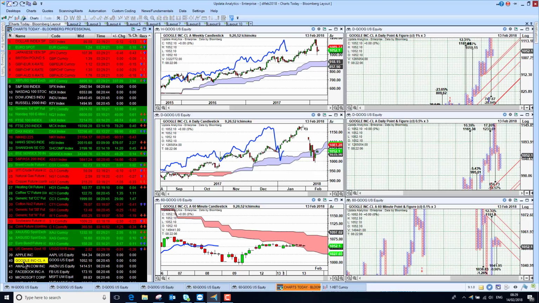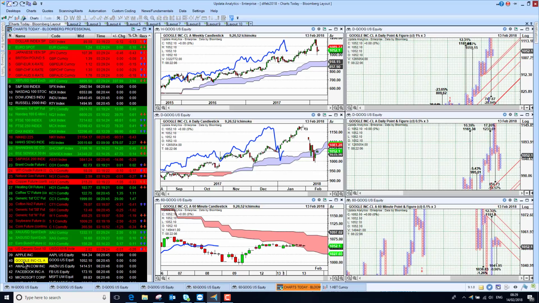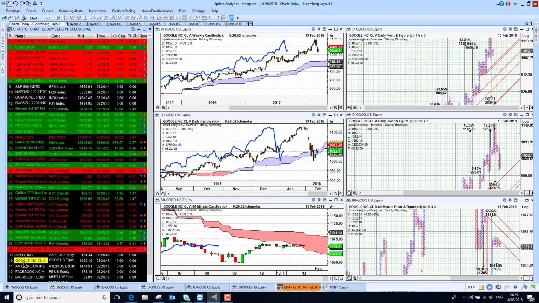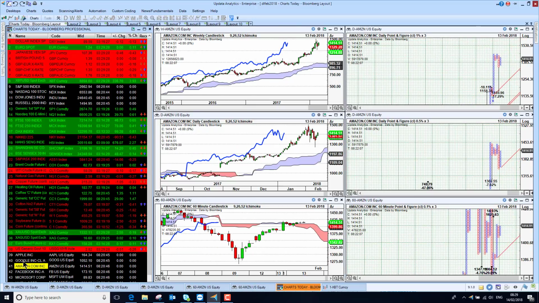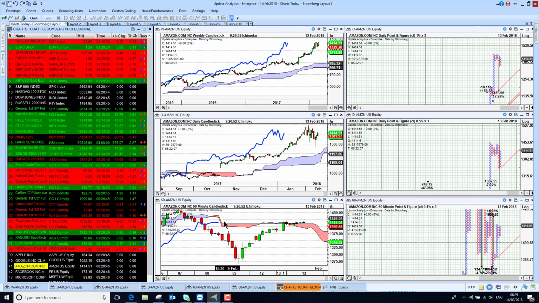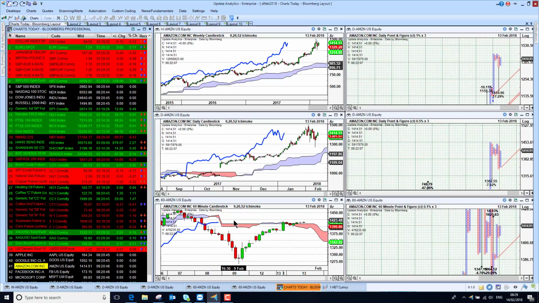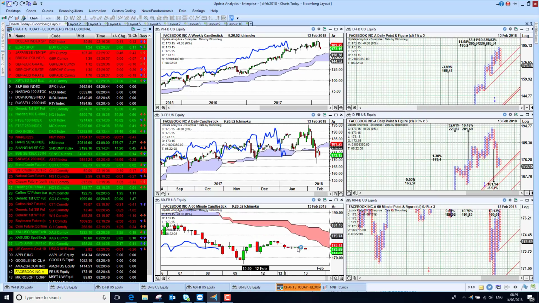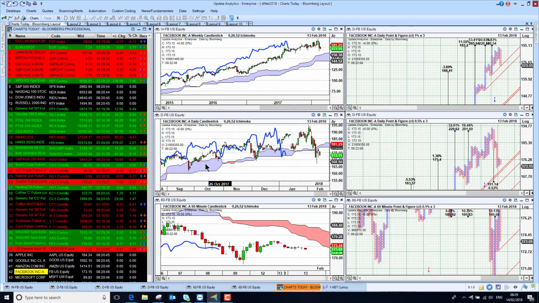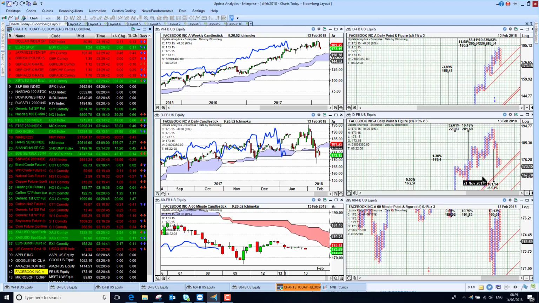Google is not looking as bad, but still needs to get through the cloud in the short term, and the medium term is bullish. Amazon is stronger still, and looks like it will go through the cloud probably today. Price is just coming through now. And Facebook is bearish below the cloud, and the medium term is actually looking a little bit worrying on the cloud there with a downside target of some 7%.